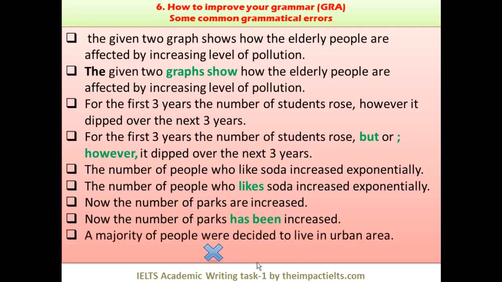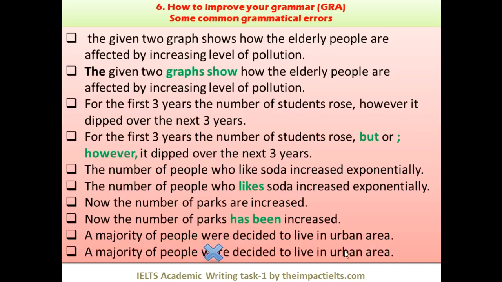A majority of people were decided to live in urban area. Can you catch the mistake? Can you catch it? No? Yes? Okay, fine. Anyway, check this. A majority of people, or simply people, were decided to live. That's not a correct sentence.